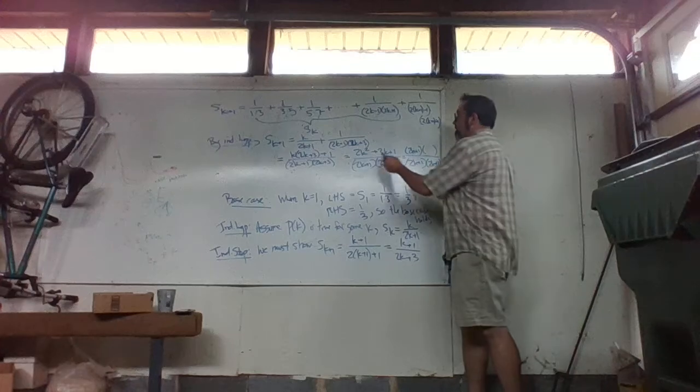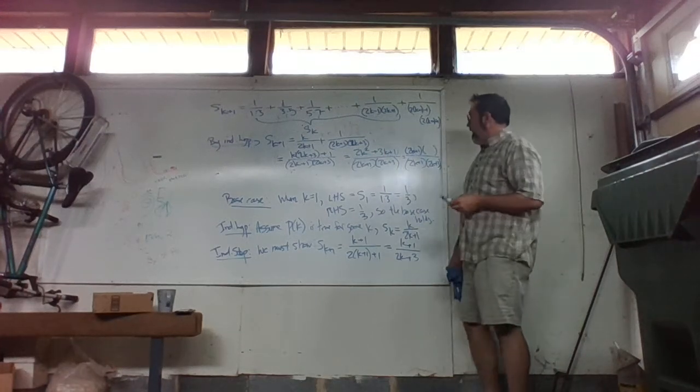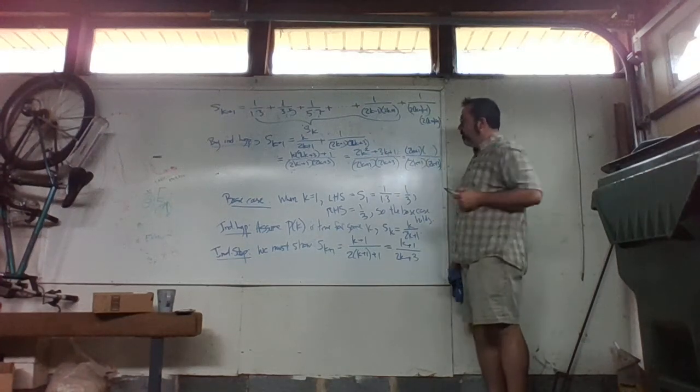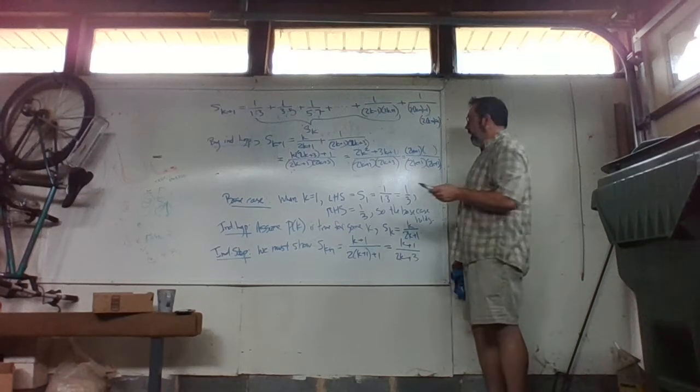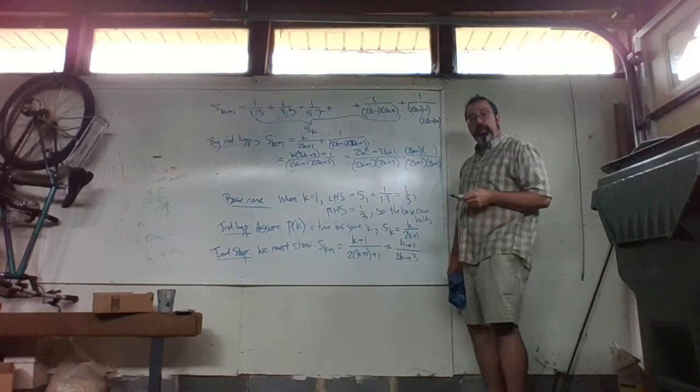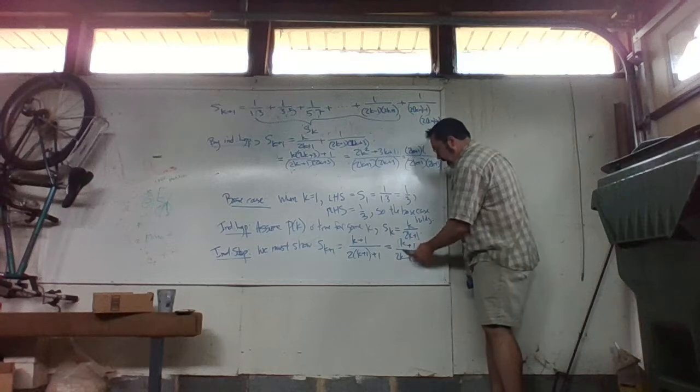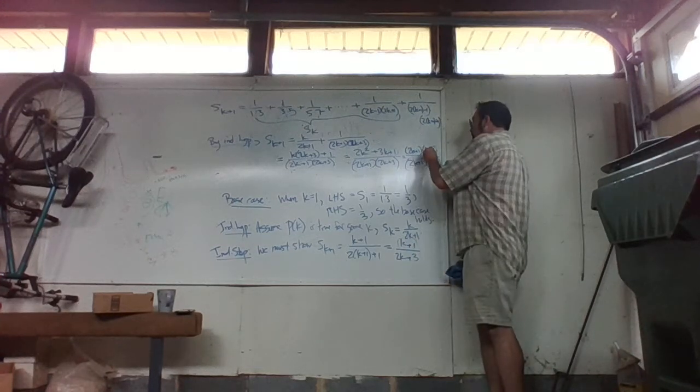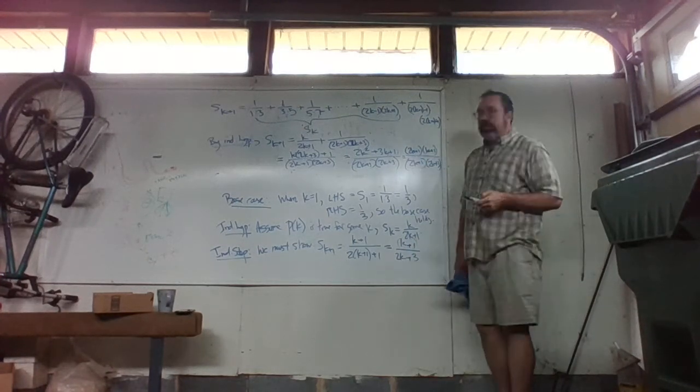And in fact, if I look at this and I think about what times 2k plus 1 might end up being 2k squared plus 3k plus 1, again, we could use some foresight. We suspect that it's k plus 1. Let's see if that's really the case.